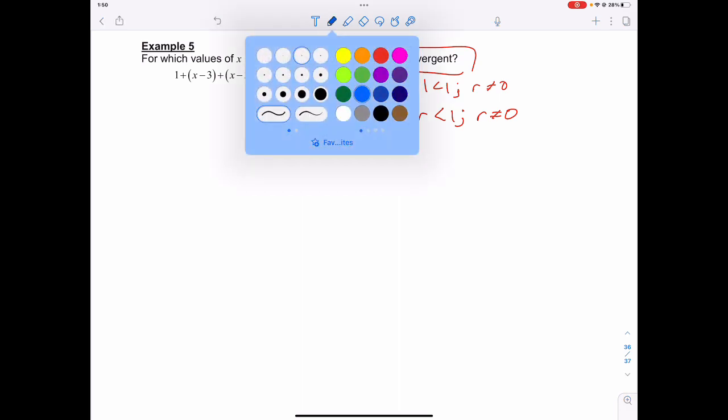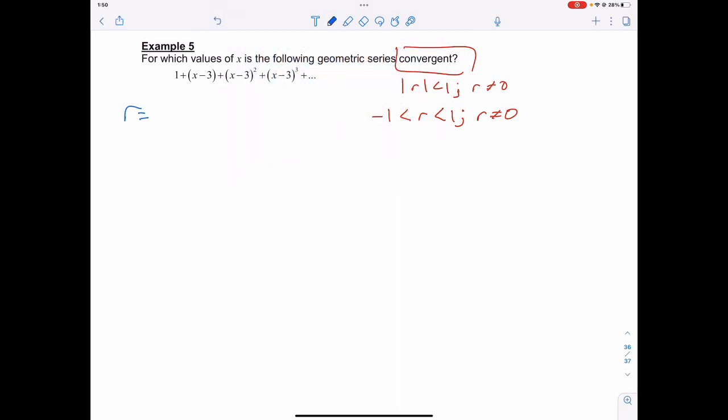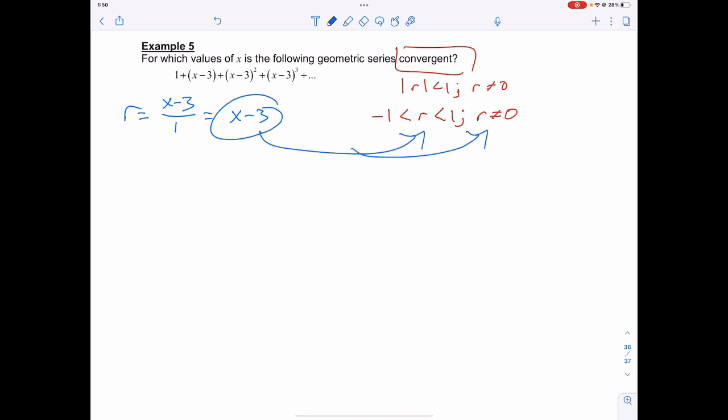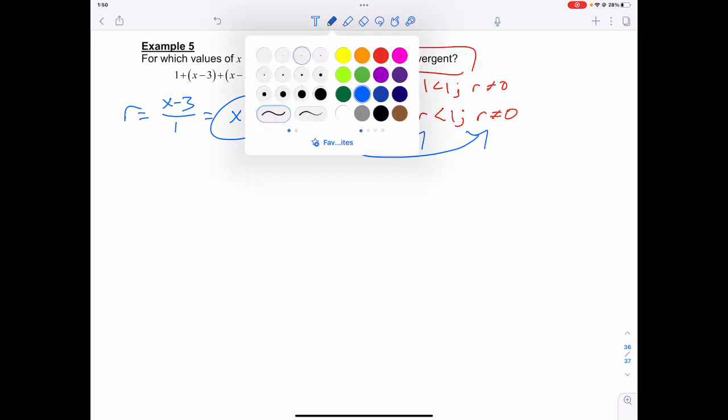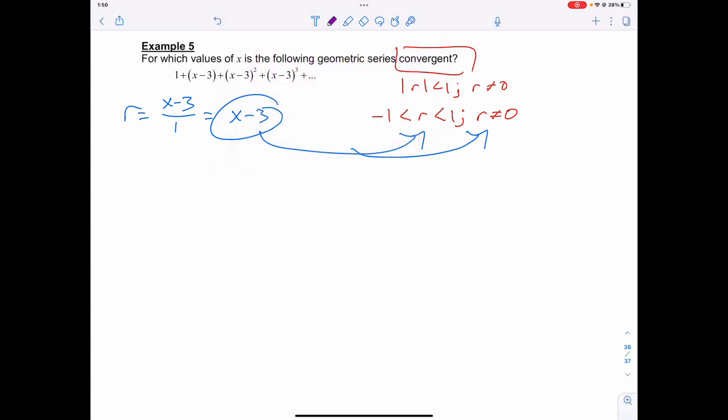What do we know about r? R is term 2 divided by term 1, or in this case, r is just x minus 3. So I'm going to take that x minus 3 and sub it in for r. So I'm going to say that -1 is less than x minus 3 is less than 1, where x minus 3 cannot equal 0.